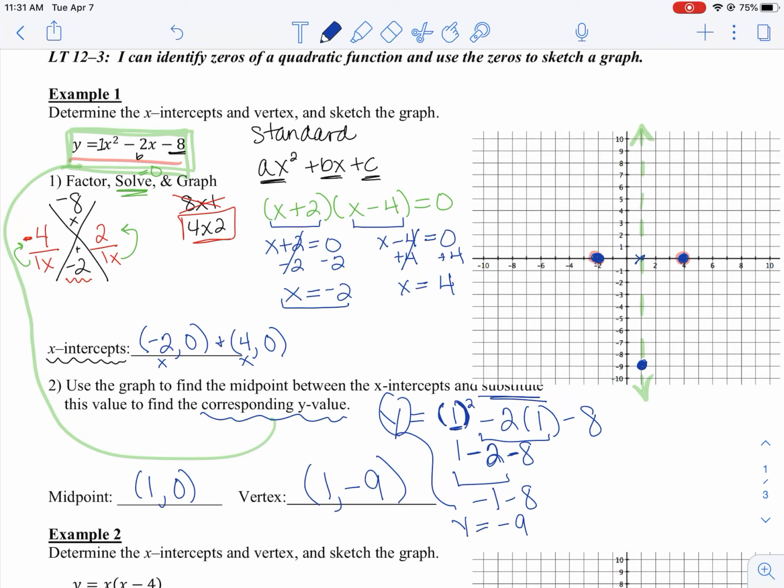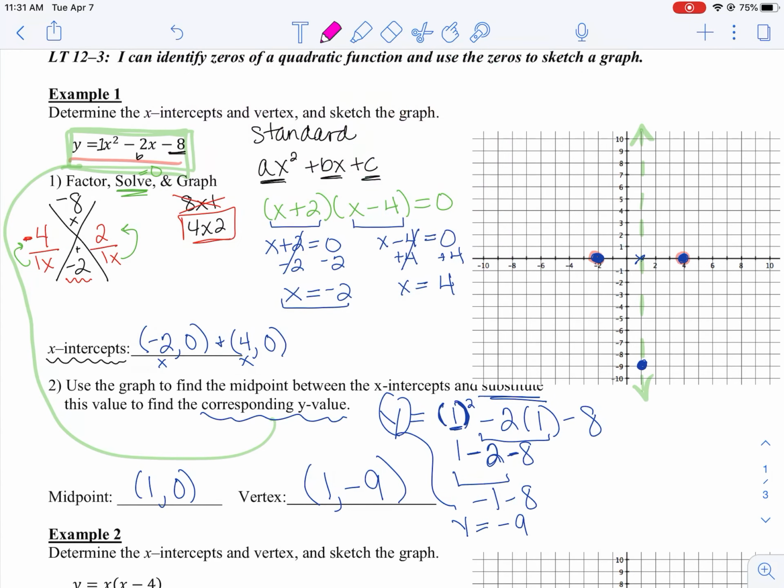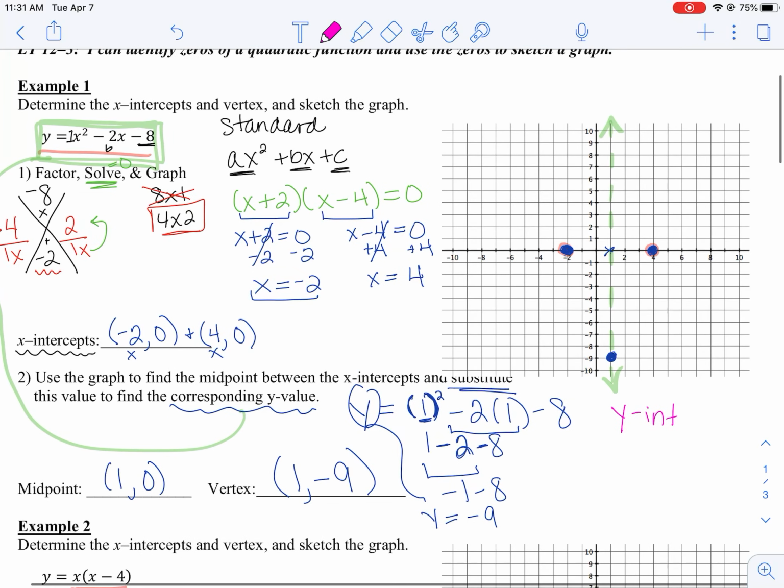The next thing, I don't know if your teachers are going to ask this or not, but if they do, it would be the y-intercept. So let me just really quickly talk about the y-intercept. The y-intercept means x is 0.